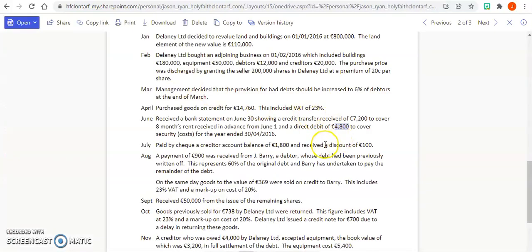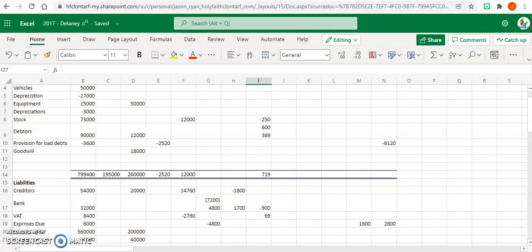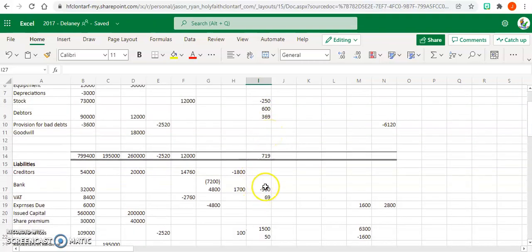So remember, break it down into two parts. So our August was 900 receipts, that's going to go into your bank. So we calculated that 100% then was 1500. So that's going to increase your profit and loss. And then the difference between the two then, that's going to go into your debtors, which was 600. So we see here we got 600 in our debtors. Our bank minus 900 because that's what we received. And then 1500 then is what's going to go into your profit and loss.